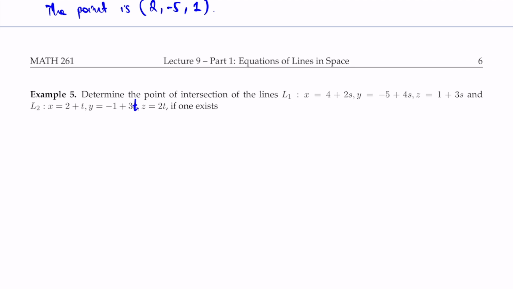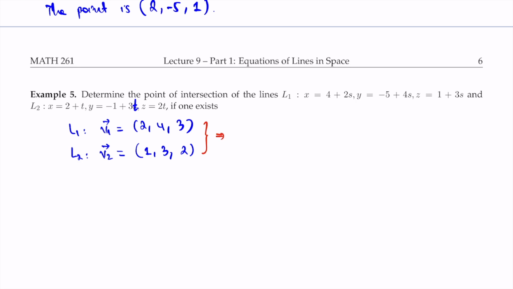So first, we want to determine if the two direction vectors are different. If they are different, we can conclude that the two lines are either intersecting or skew. So for L1, the direction vector V1 is equal to (2, 4, 3), and for L2, V2 is equal to (1, 3, 2).